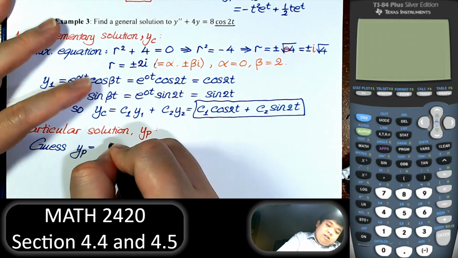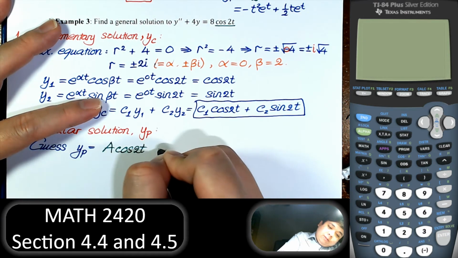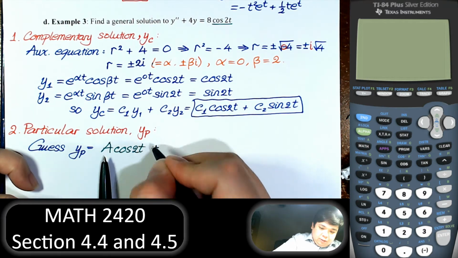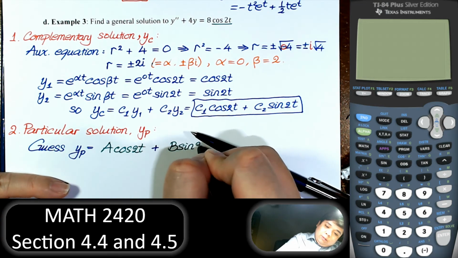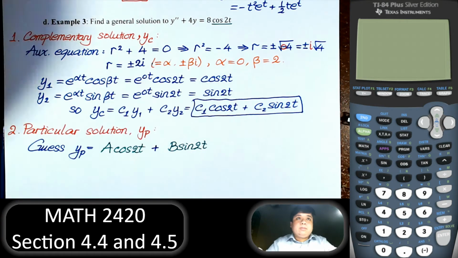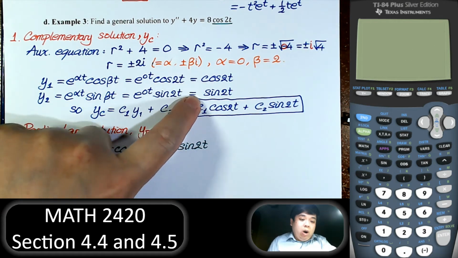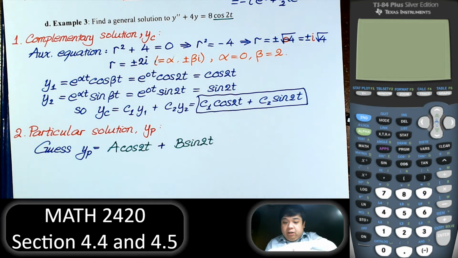So it's just a constant. Now the bad news is, compared to y1 and y2, they are not linearly independent.